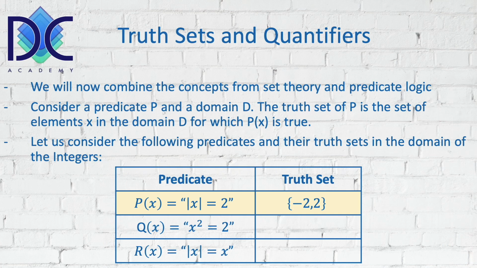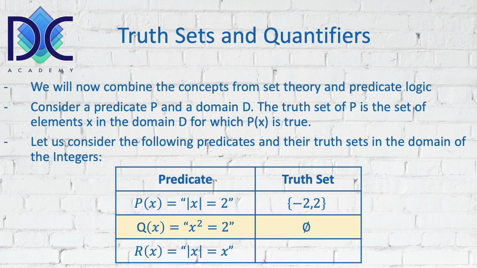We have the square root of 1, which is 1, the square root of 4, the square root of 9, and so on. But in this case, we cannot find any element for which the predicate is true in the domain of the integers. And basically we can say that the truth set in this case is the empty set.